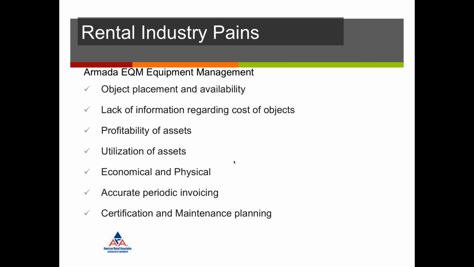There's a lot of lack of information that we've seen in a rental enterprise concerning cost of objects and how much it costs me to actually operate it. How profitable is a specific asset or object, and then how to utilize this? Am I using this particular asset? Is it being rented 80% of the time or 8% of the time? So those kinds of metrics of economical and physical utilization are key, and we hear it all the time as pain points.